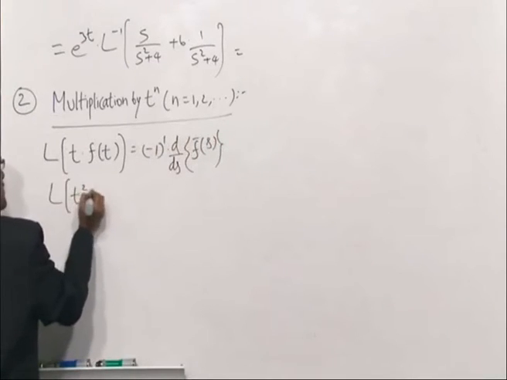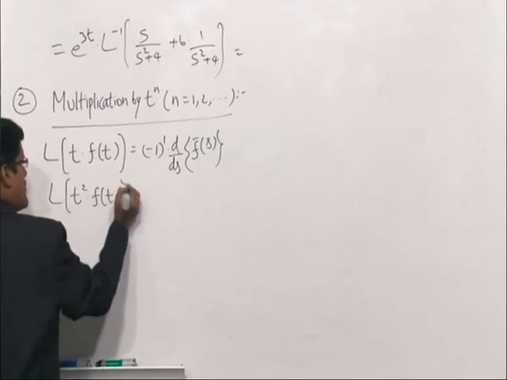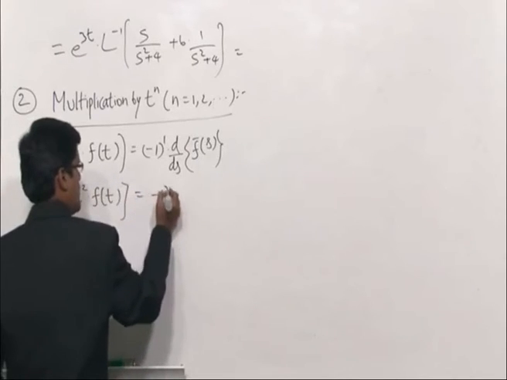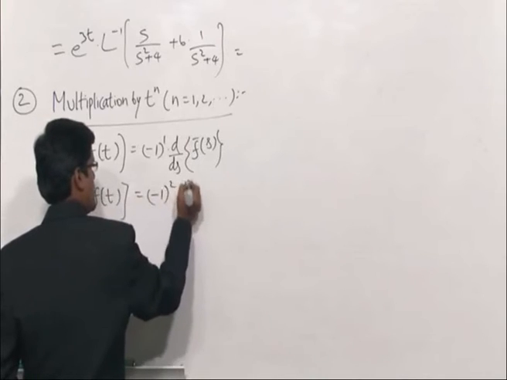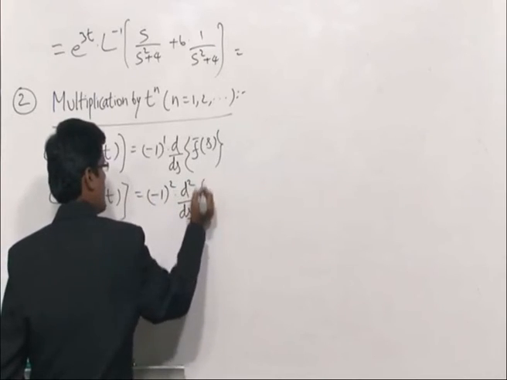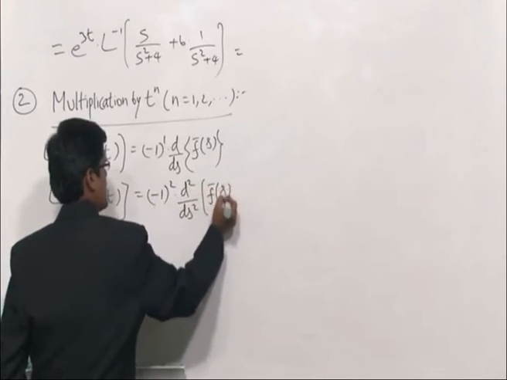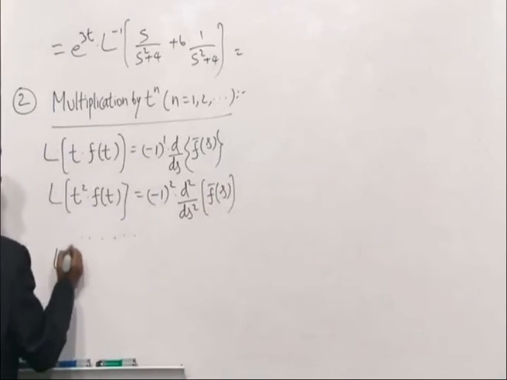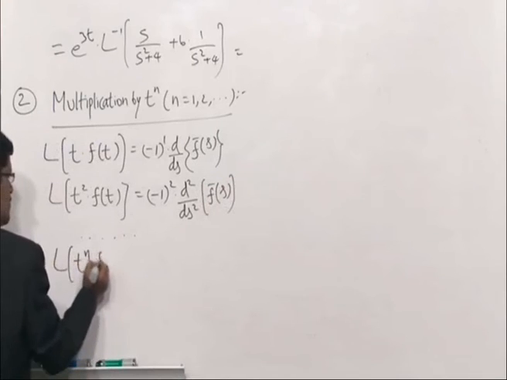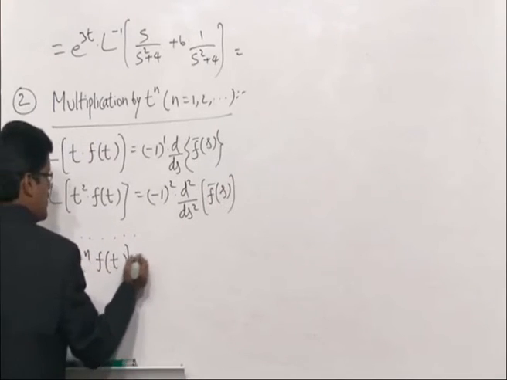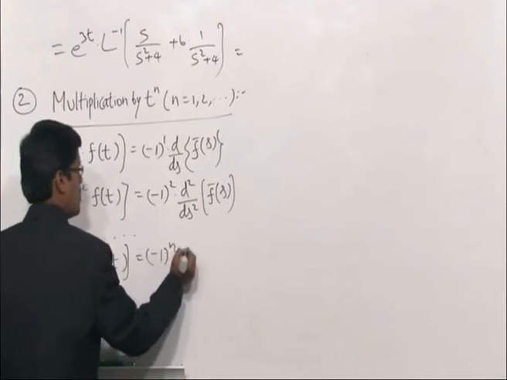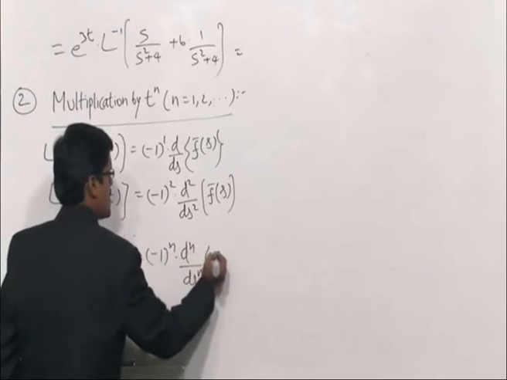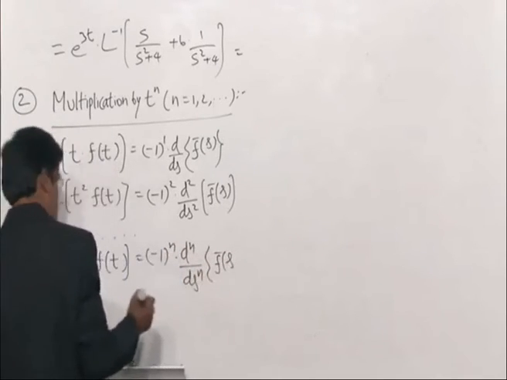L of t square f of t is equal to minus 1 whole square d square by ds square f bar s, and so on. L of t power n f of t is equal to minus 1 whole power n d power n by ds power n f bar s.